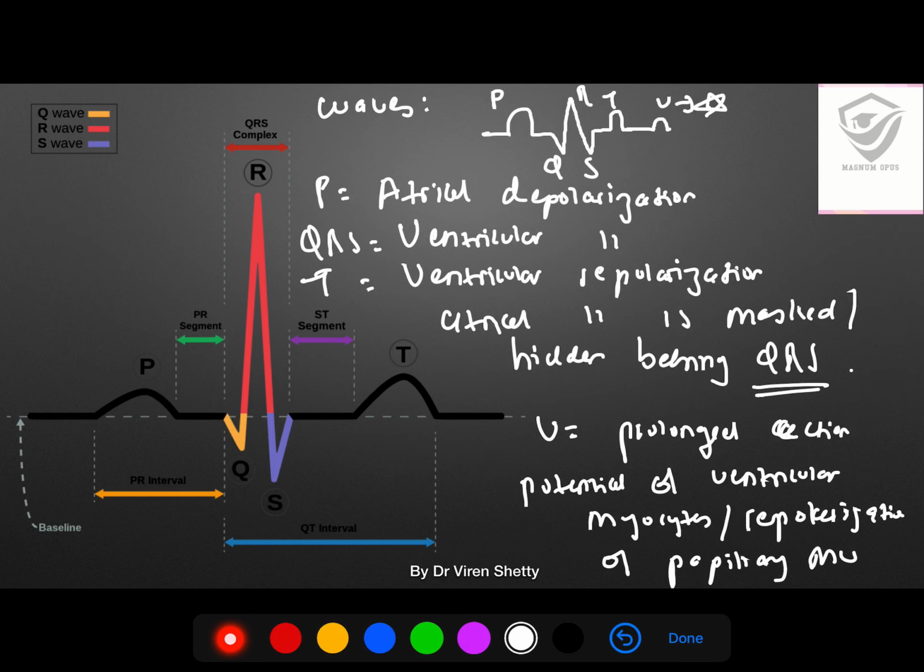So if an MCQ comes, it is rare to ask about the U wave, but if it comes, then answer this question. So we'll just go through this diagram on your screen. The P wave is atrial depolarization, then the QRS complex shows the ventricular depolarization, and the T wave shows the ventricular repolarization. Depolarization was contraction and repolarization is relaxation. Atrial repolarization is hidden behind the QRS complex, hence it is not seen.